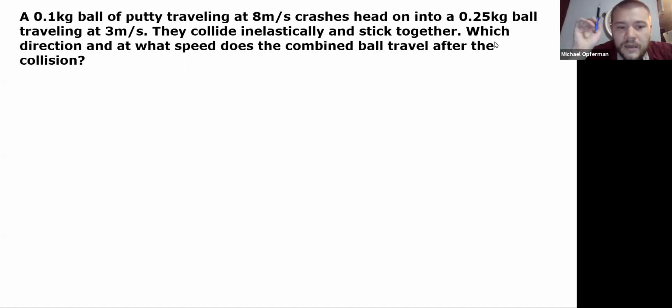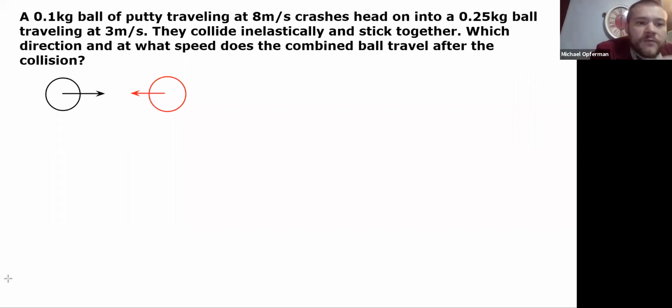And then I need to think about what the initial and final states are here. These are given pretty explicitly in the question, but I want to make sure that I sketch them out carefully. So I've got two objects here. Let's make them different colors so that it's a little bit easier to see. So black and red. It's a head-on collision, it says. So the red one will be going this way, and the black one will be going this way.